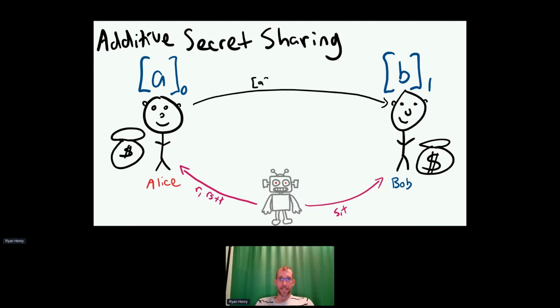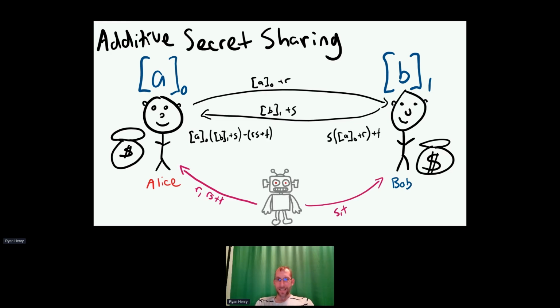And then what happens next is the exact same protocol we had before, except we just add in these extra terms to make the cancellation that didn't work out before work out suddenly. Before we didn't have this extra minus RS plus T or this extra T, and we were left with precisely what we wanted plus RS.